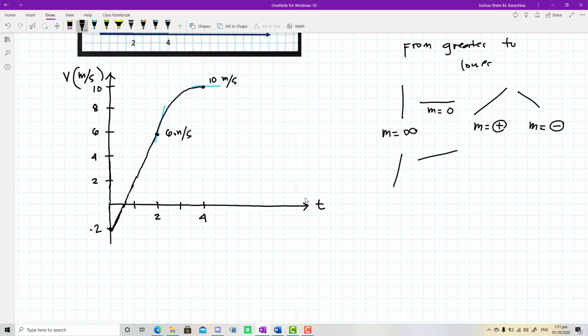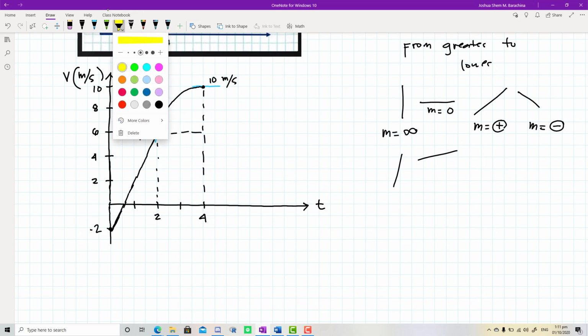Let's now continue by finding the areas of this. Lipat natin siya dito. Divide natin into 4 areas. The smaller triangle, the larger triangle, the rectangle, and the parabolic segment. Try natin lagyan ng colors.